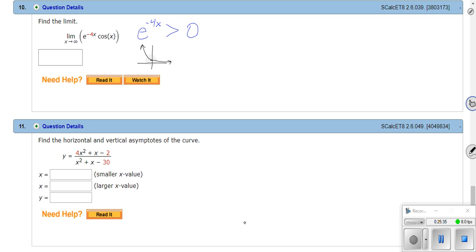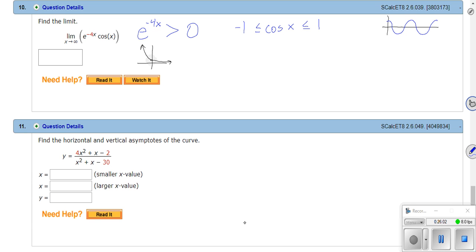Now, let's talk about the cosine function. We also know that cosine of x goes between 1 and -1, right? Imagine your cosine curve. If you remember cosine, it kind of looks like this. It always oscillates between +1 and -1.